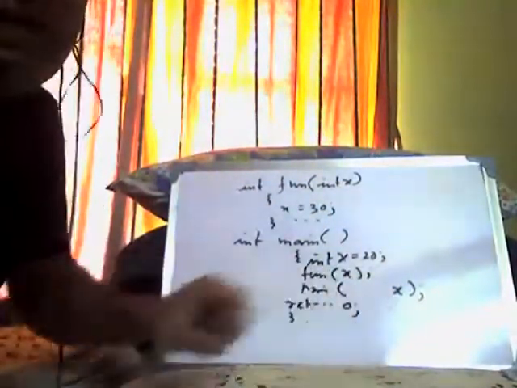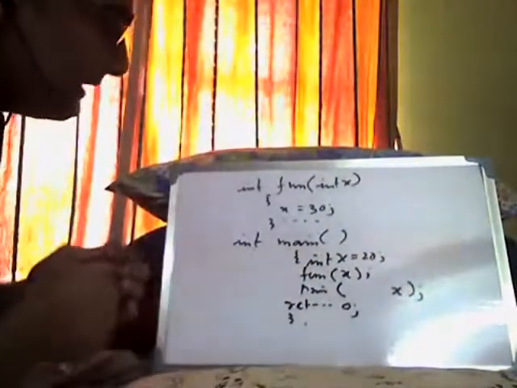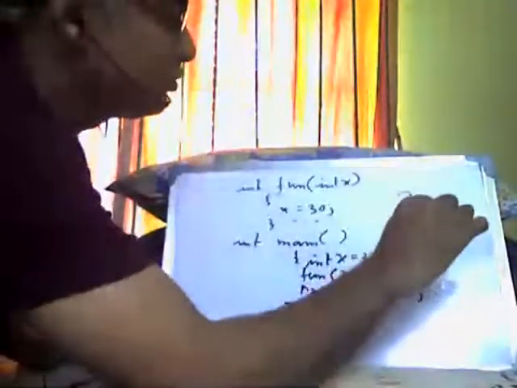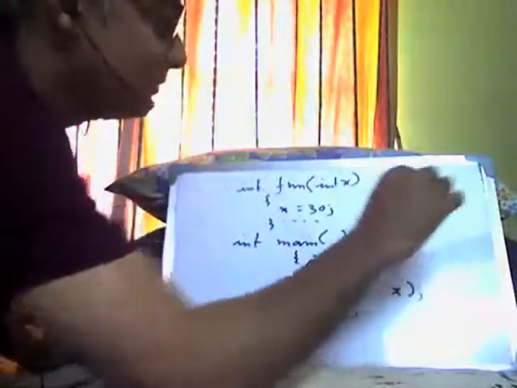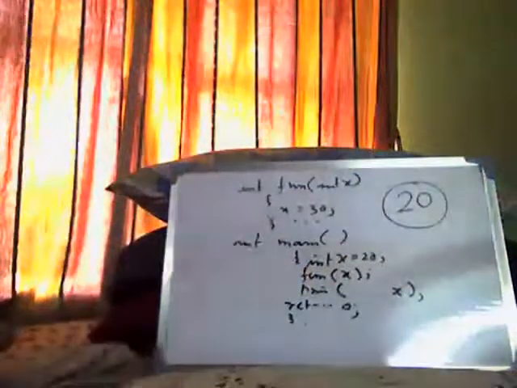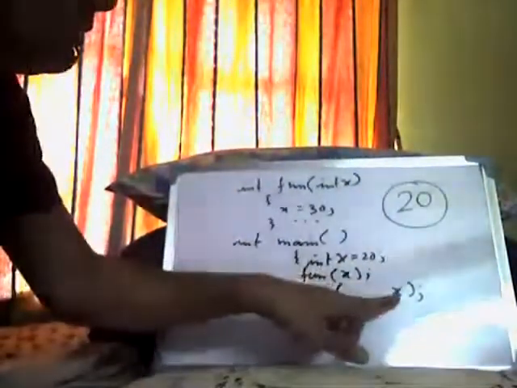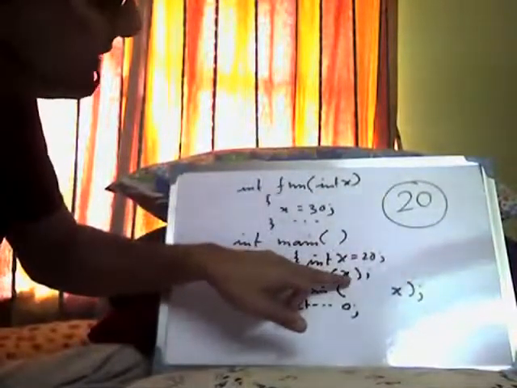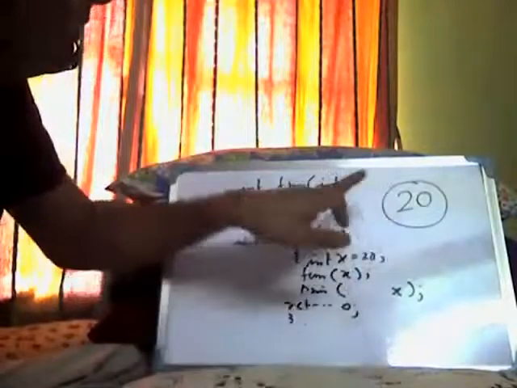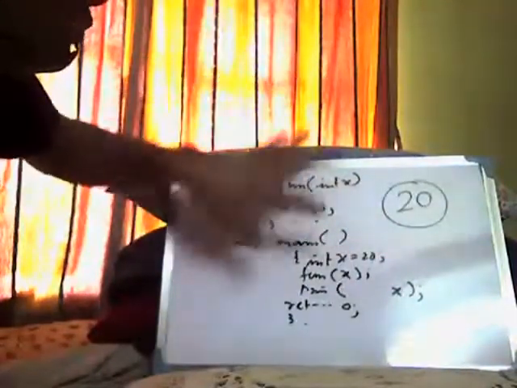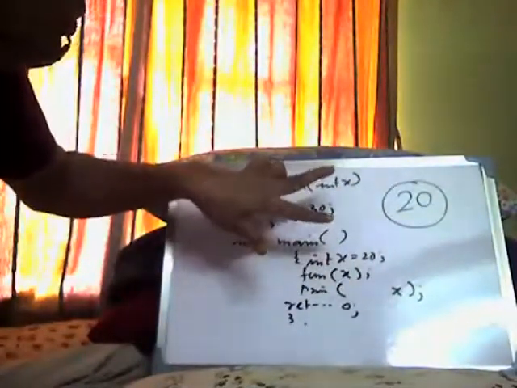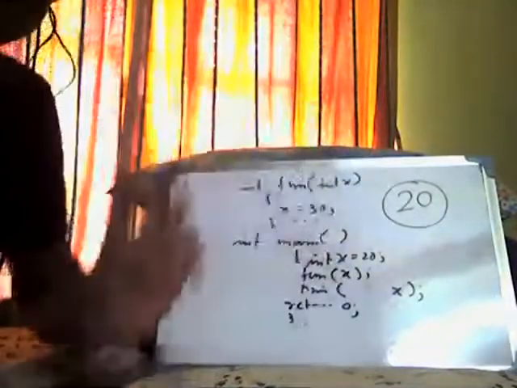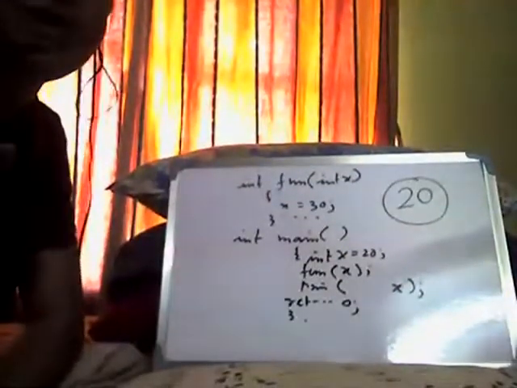So what is the printed value? The output will definitely be 20. This value will not change because this x is something else and that x is somewhere else. These two variables do not look at the same location. This is the example of this one.